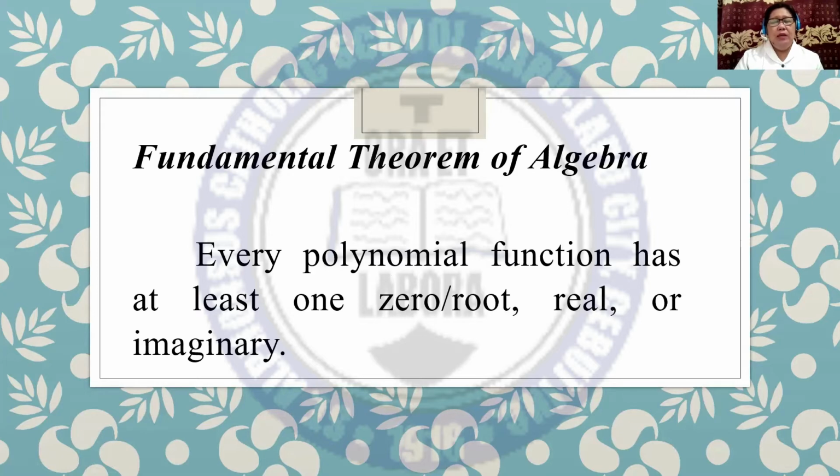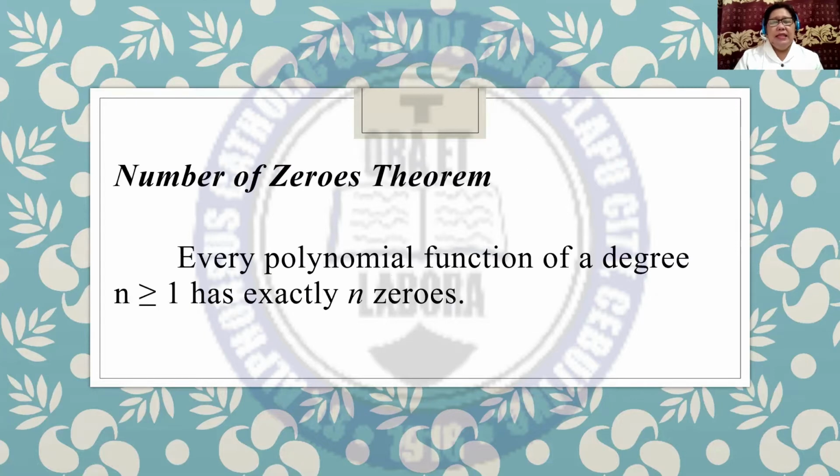Every polynomial function has at least one zero or root which is real or imaginary. And let us have the number of zeros theorem. Every polynomial function of a degree n which is greater than or equal to 1 has exactly n zeros.